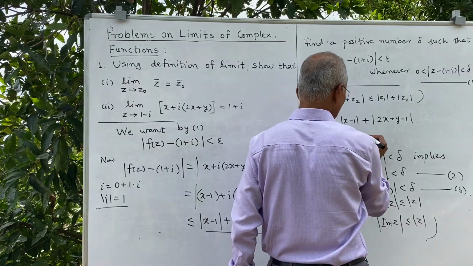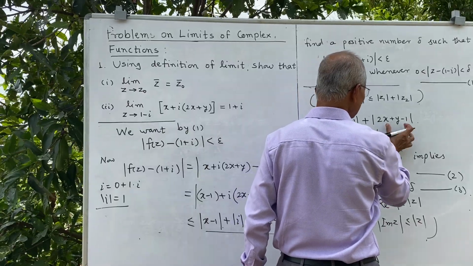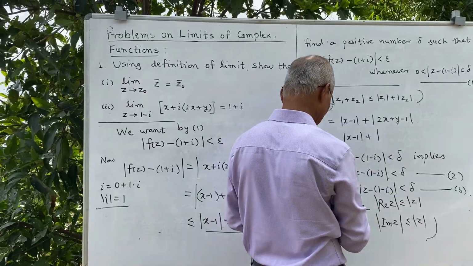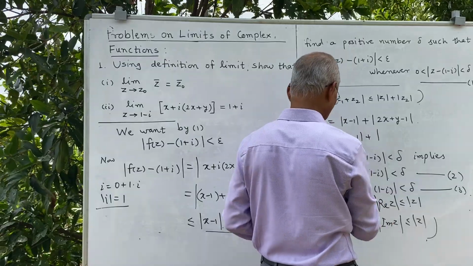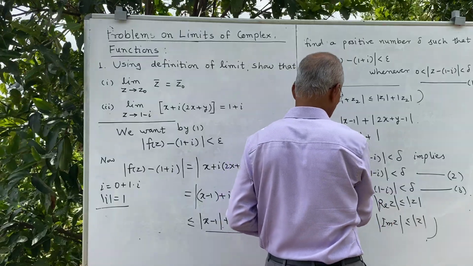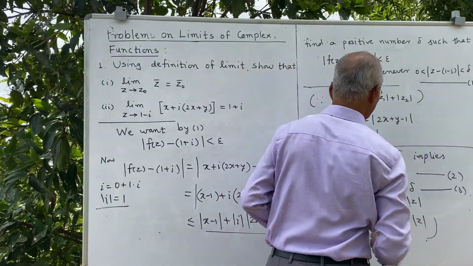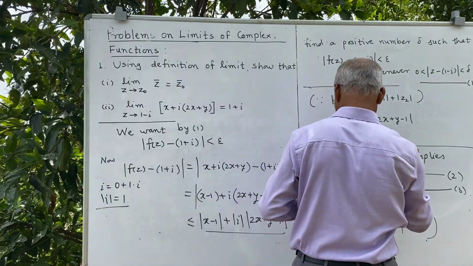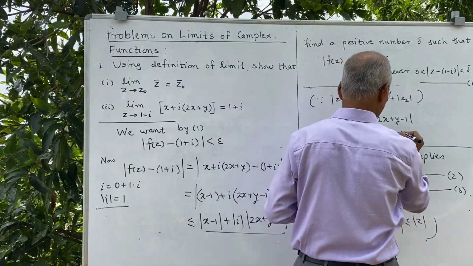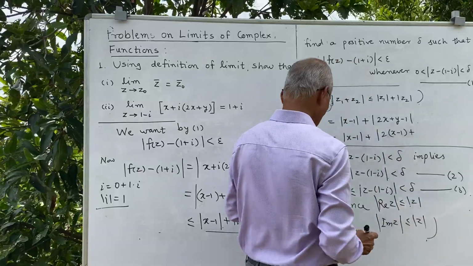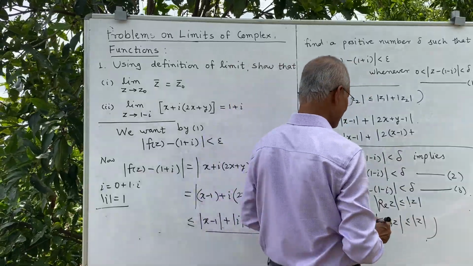And again this can be written as mod of x minus 1 plus, I shall write in this bracket, we want to use results 2 and 3, and therefore I shall write this as 2 into x minus 1 we want, and plus, we want y plus 1.